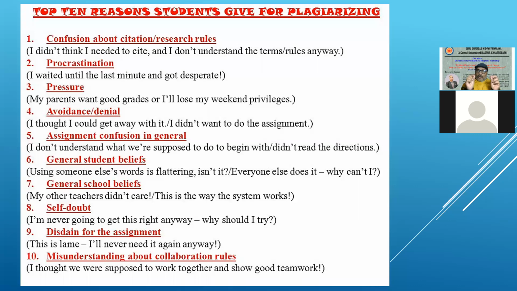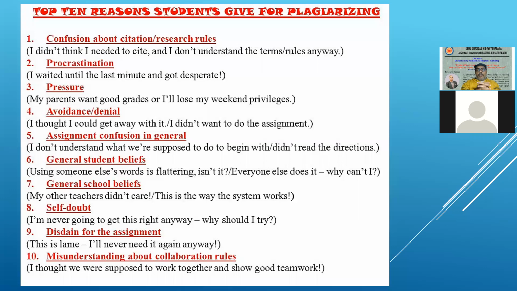So this is also one of the biggest reasons that a student goes for plagiarism, because ultimately they have to complete the assignment, isn't it? And if you fail in the assignment, definitely you will not be able to publish any paper, or your admission will also not continue. So we can look at the fifth point from various angles also. Assignment confusion in general is also a problem for the people who are plagiarizing, right?